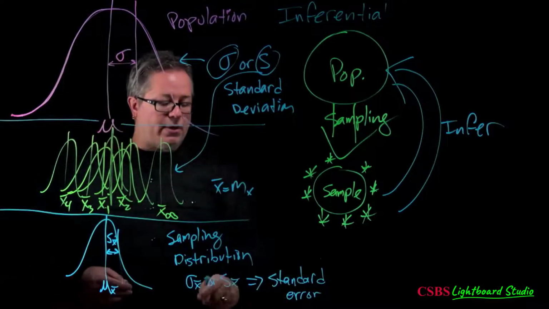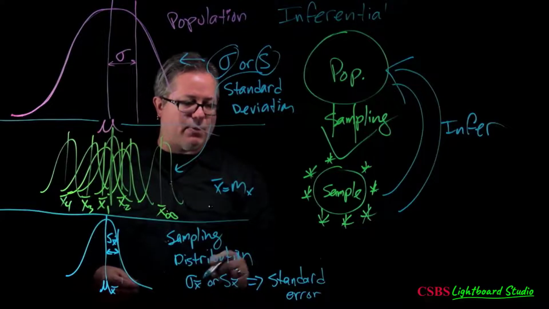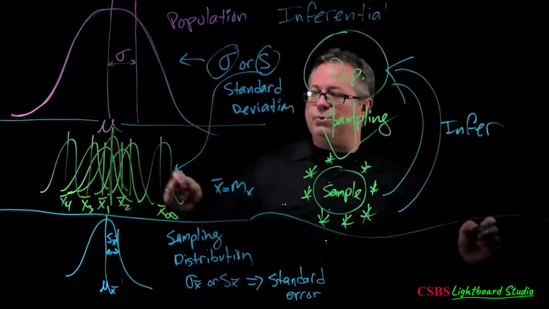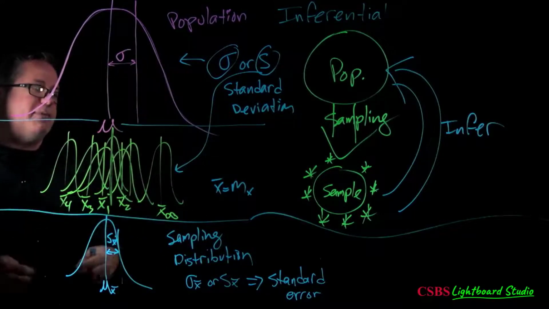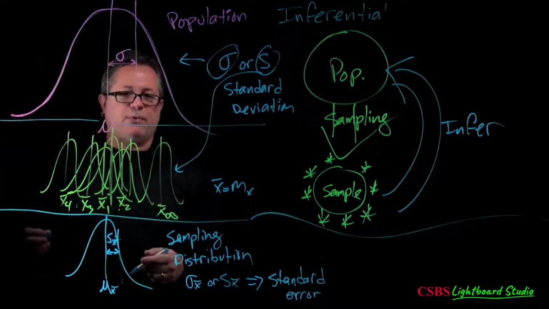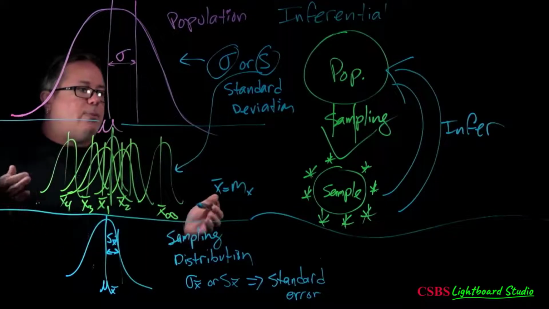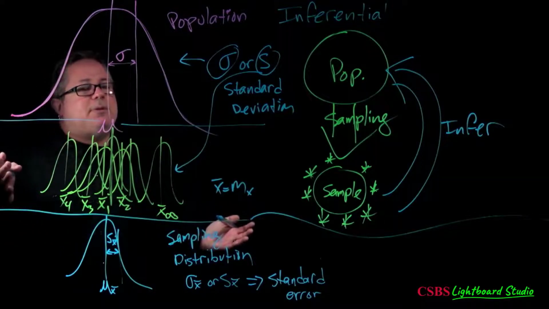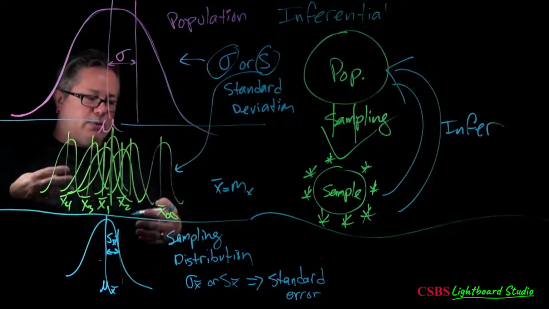So standard error, and the reason why you see both sigma sub x bar and S sub x bar is because most people don't do this process. We don't take an infinite number or a high number of samples over and over again. Who's got the time for that? Who's got time to pull multiple samples? I want to pull one, maybe two, maybe three samples out of the population and do stuff with them. I don't need to do this over and over again every time I want to do a study.